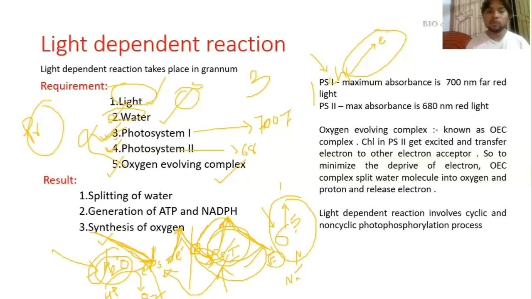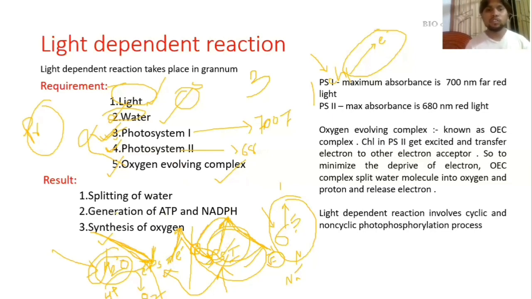If only non-cyclic photophosphorylation happens, only 2 molecules of ATP and 1 molecule of NADPH are produced. To make the balance of the 3:2 ratio of ATP and NADPH, non-cyclic and cyclic photophosphorylation are required simultaneously. We'll see the details of non-cyclic and cyclic photophosphorylation in some other videos.